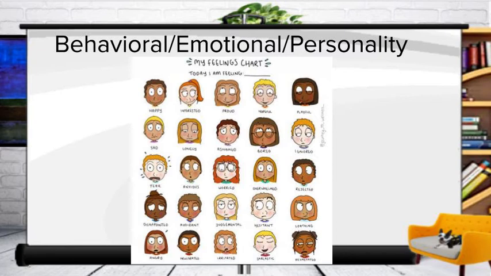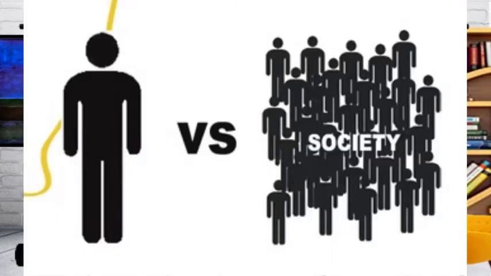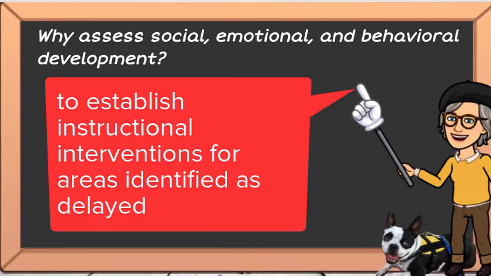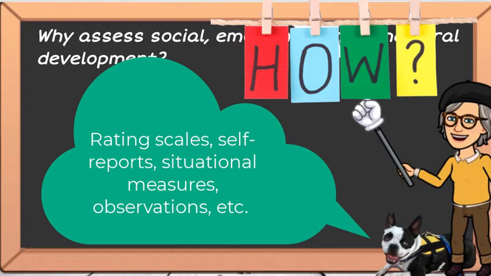When we want or need to evaluate a student's behavior or emotional levels or personality, we can look at those specific tests that evaluate personality, social emotional behavior, and we compare those across societal expectations. The purpose of assessing social, emotional, and behavioral development is to establish instructional interventions for any areas identified as delayed. Methods commonly used are things like rating scales or self-report measures.